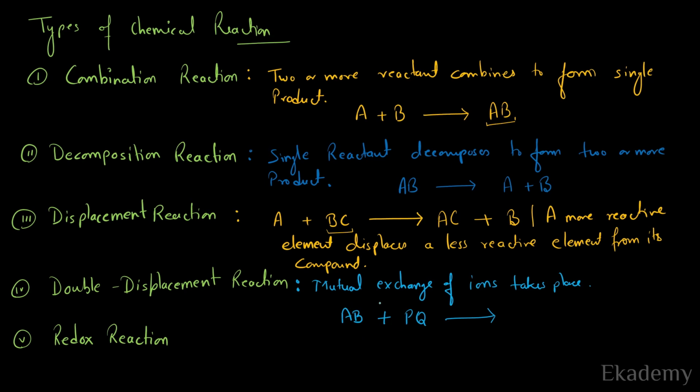A will displace P from its location, and this displaced P will occupy the position of A. So the products will be PB and AQ.